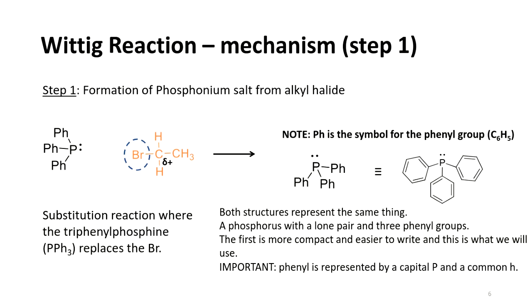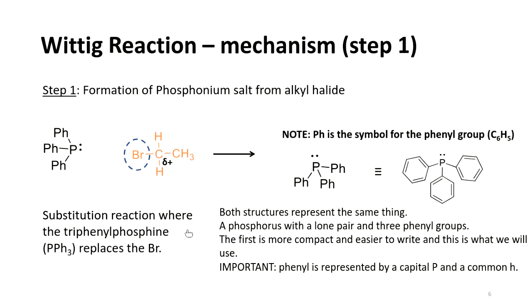So the substitution reaction is going to occur, and so we are going to be reacting our triphenylphosphine with our alkyl halide, and we're going to be replacing the bromine. So here our nucleophile is going to be the phosphorus with its lone pairs, and we're going to be doing a substitution reaction which replaces our bromine.